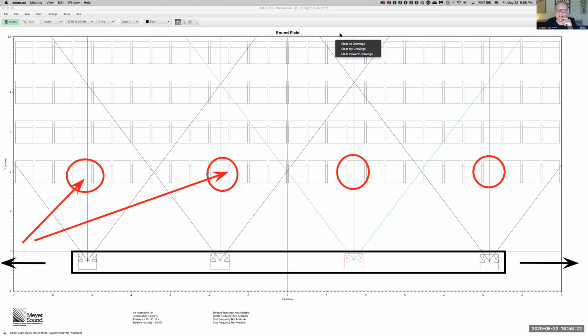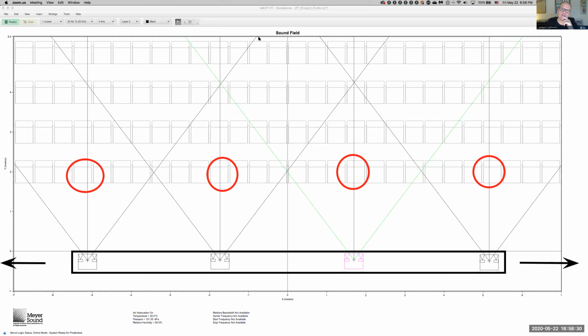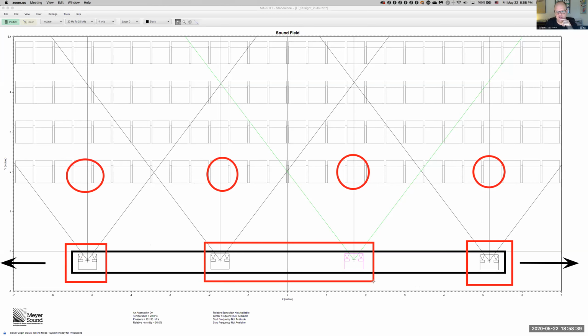How could we fix that? By giving the outer front fill loudspeakers, that's to say, by giving the outer guys a different delay from the inner guys in this case, which would then allow us to properly synchronize each individual front fill with respect to house left or house right in the area where the front fill is sole custodian.